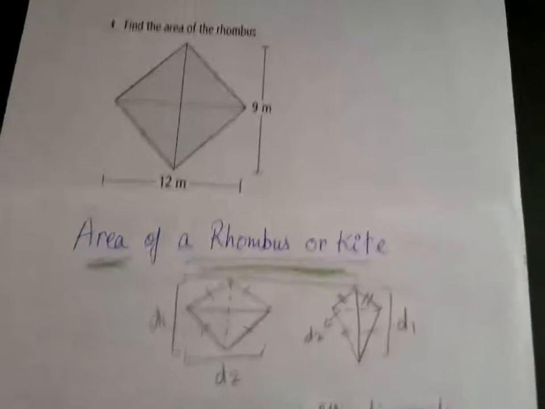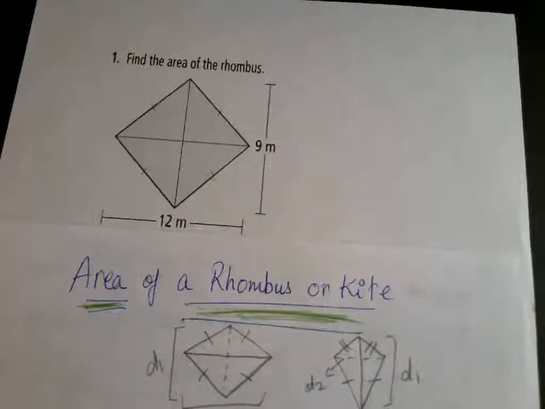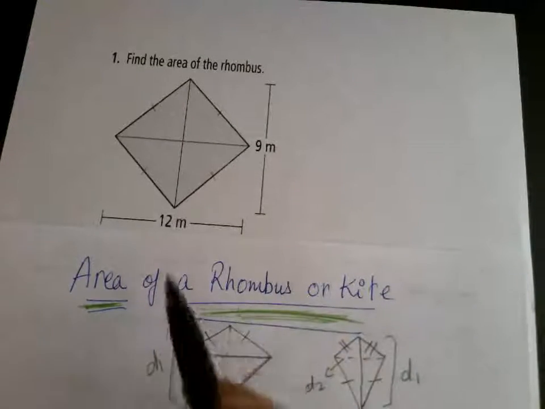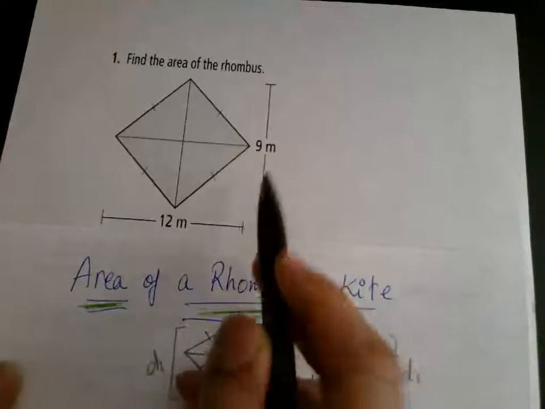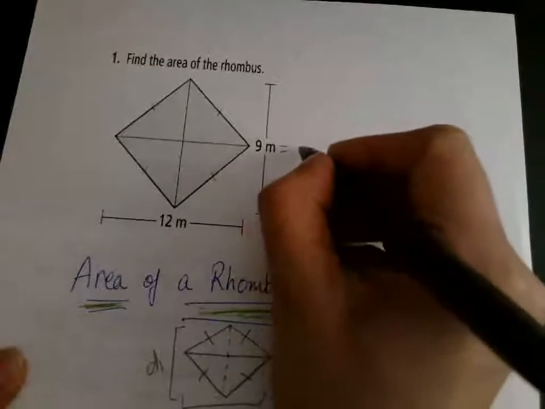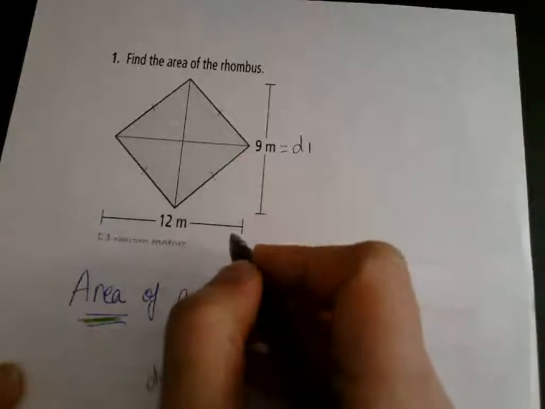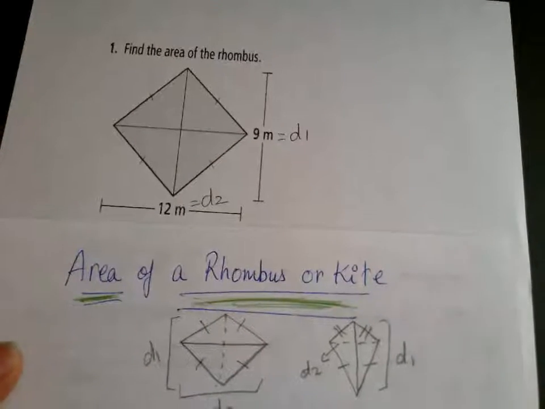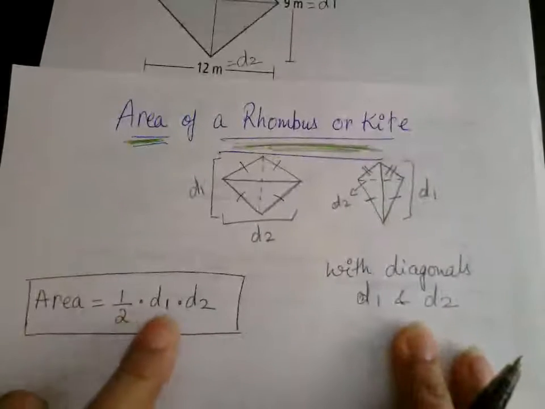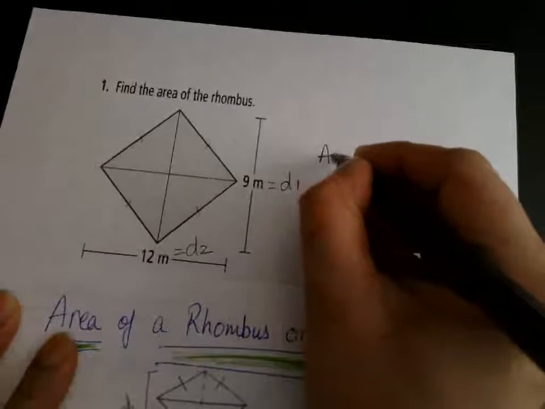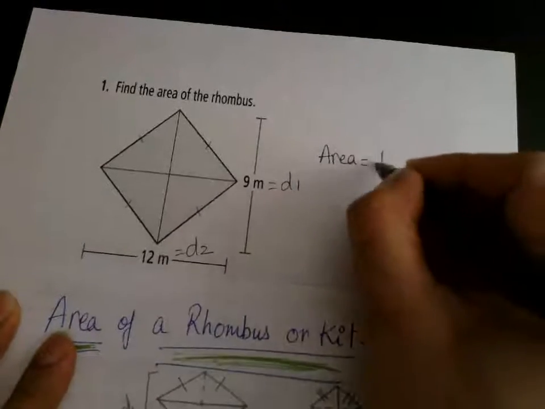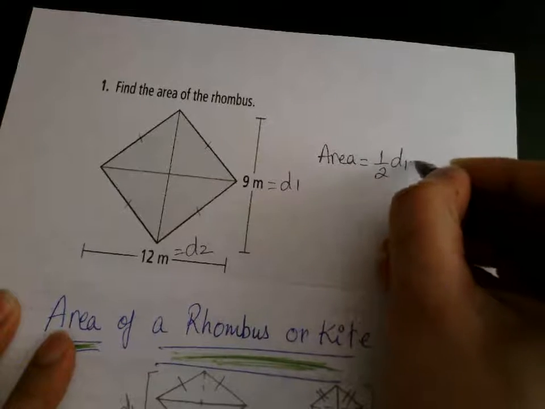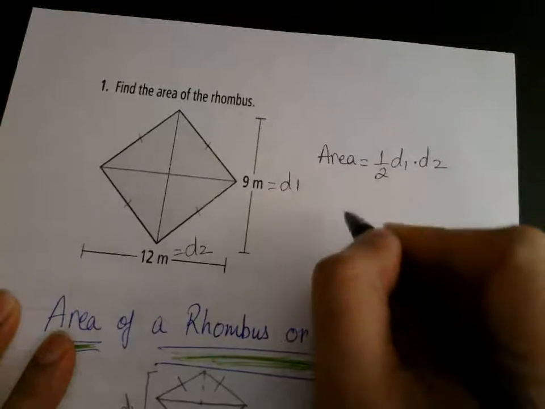So in this question, they are asking you to find the area of a rhombus. This is diagonal 1, and this is your diagonal 2, right? And area is nothing but half times diagonal 1 and diagonal 2. Let's plug these values. Area is half times d1 times d2.